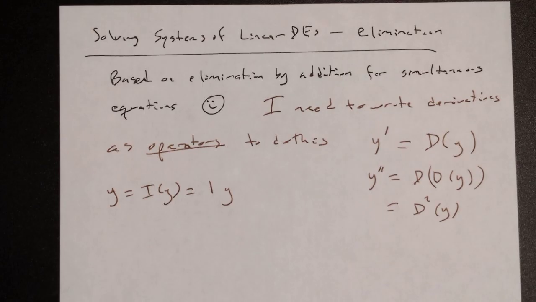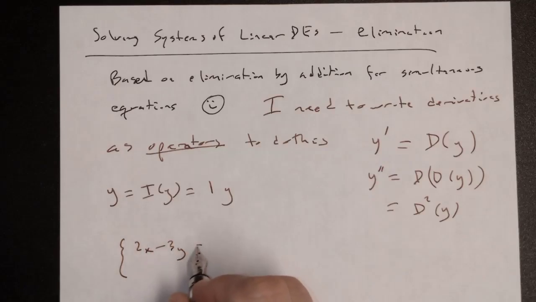Now, when we do simultaneous equations, hang on a second, I got to go back to that algebra class again. Remember crap like this? If I want to do elimination by addition, how did we do that?